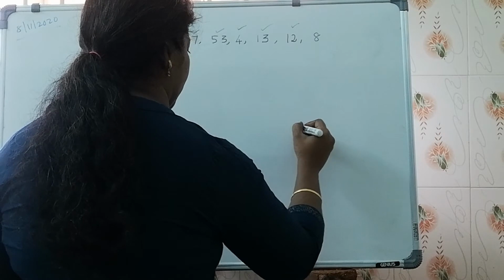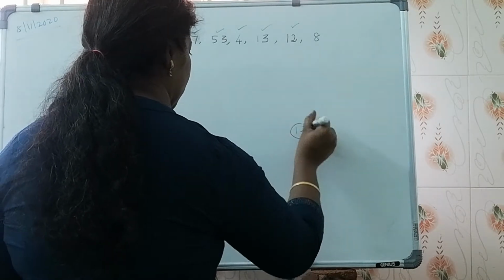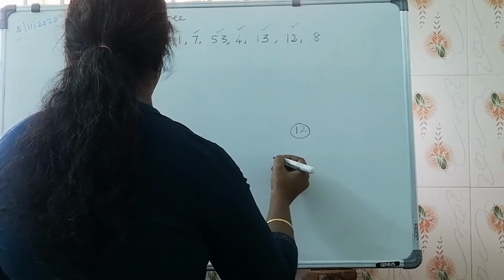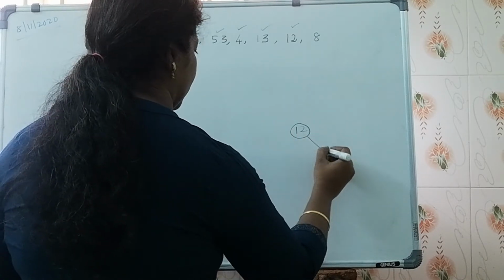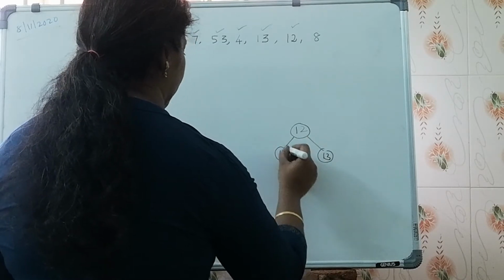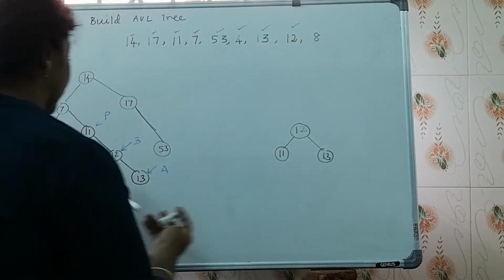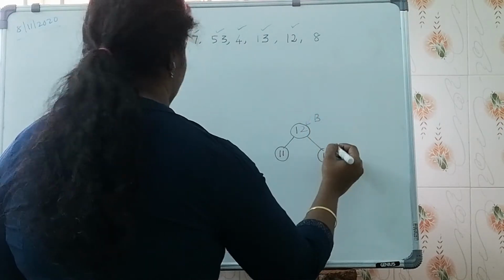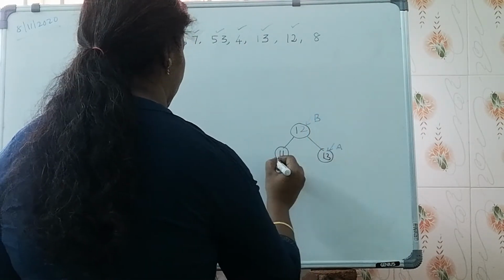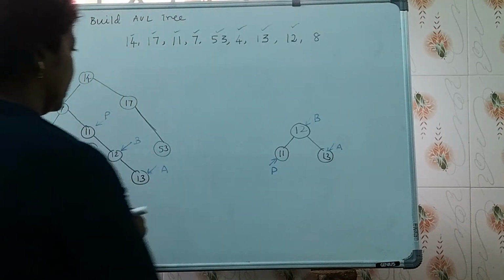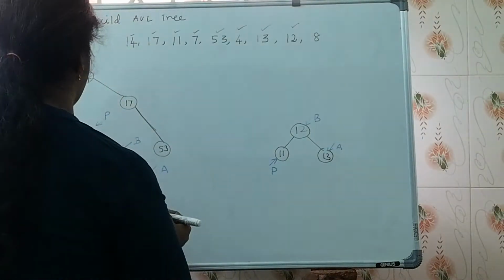So let me draw that first. 12. Then once 12 comes, 13 will go here and then 11 will go here. Let's figure out these things first. Now this is your B, this is your A, and this is your P. Then you insert the other nodes as such.